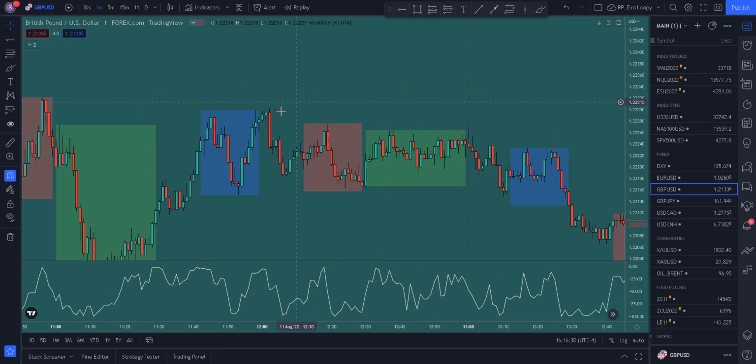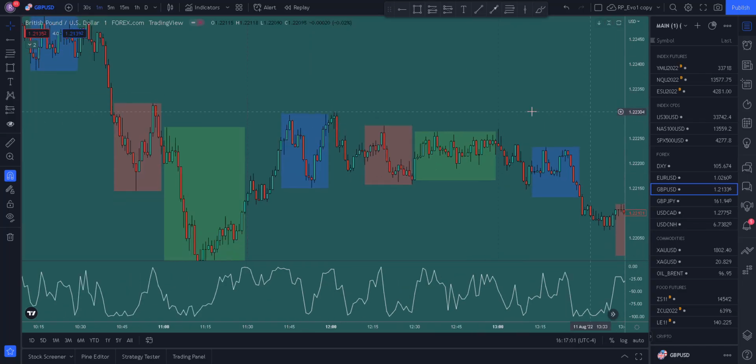And also look at this imbalance. At the time it was created, the Williams RSI was here, but when the price came back to rebalance this, it was slightly higher than here. So this is also another tell that this in fact can play out in your favor. That's the idea.